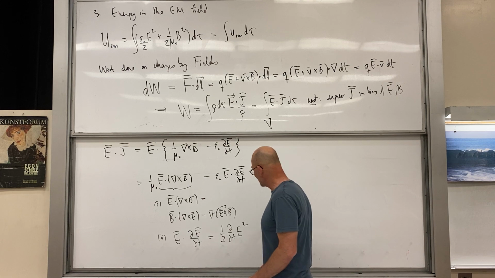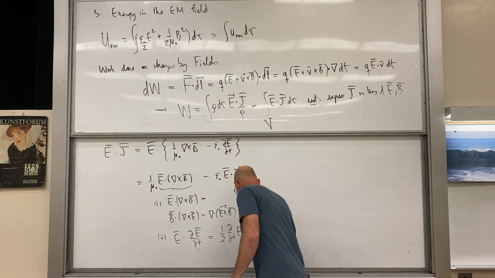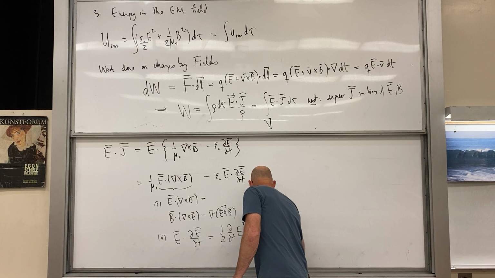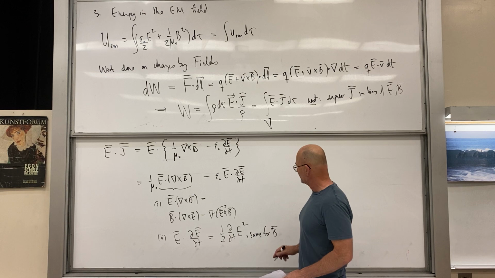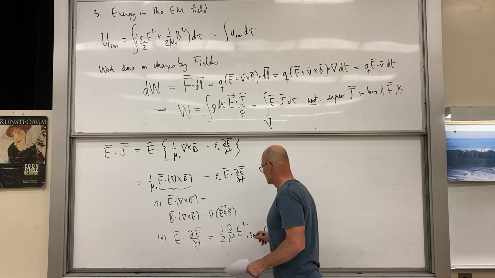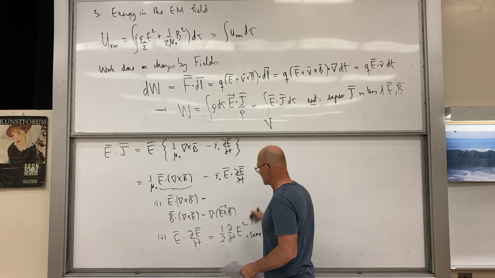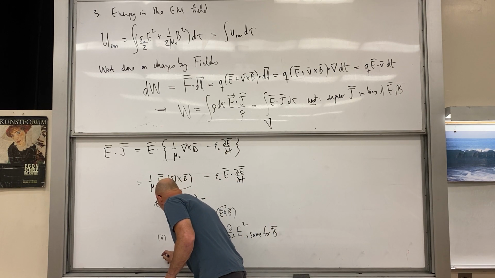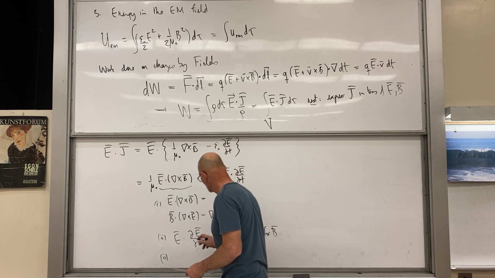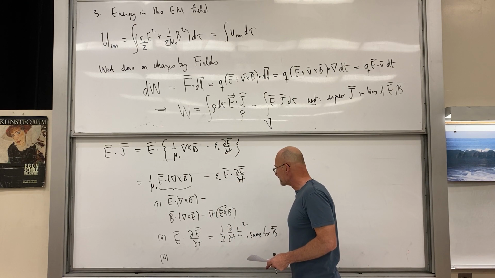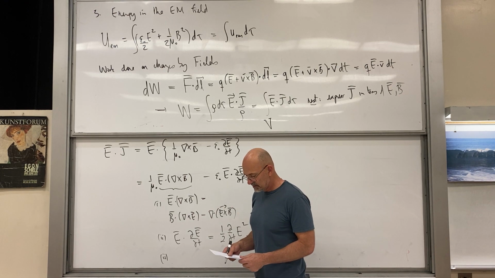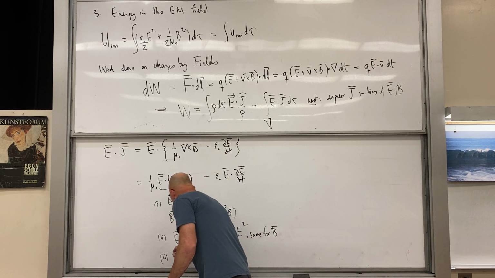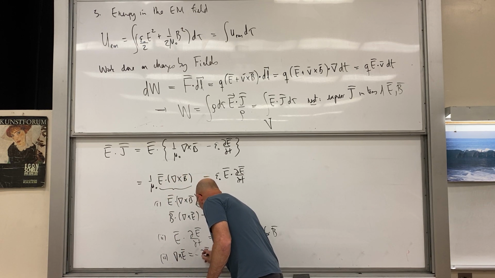We're going to have the same thing for B, which is going to come in via curl of E equals minus dB dt.